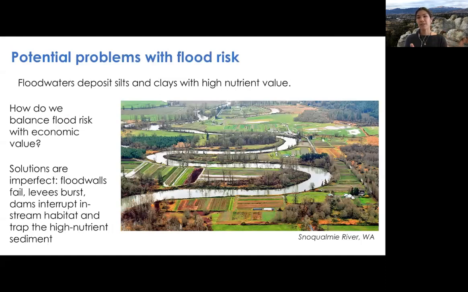However, those have negative effects in terms of interrupting in-stream habitat for fish and turtles and other species, as well as for interrupting the cycles by which trees and other plants are trying to spread pollen. It's also going to trap a lot of those high nutrient sediments behind those dams. So we have some problems, we have some solutions that need to be figured out.